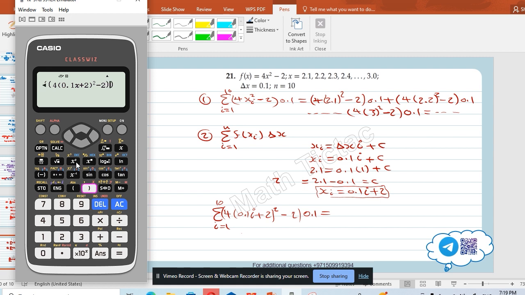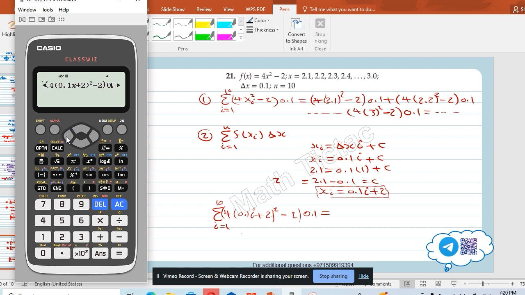So now you have to multiply it. Be careful with the parentheses over here. Okay, now just put on the equal sign. Sorry, I think we have extra brackets. In here, this is for the 4. Oh, sorry, it's minus 2 over here.